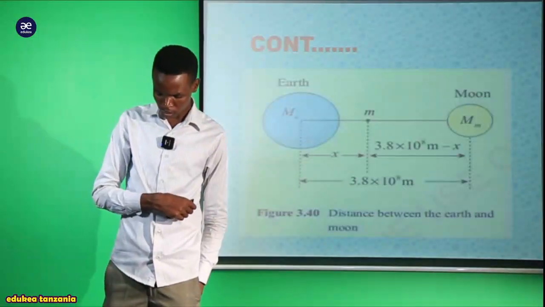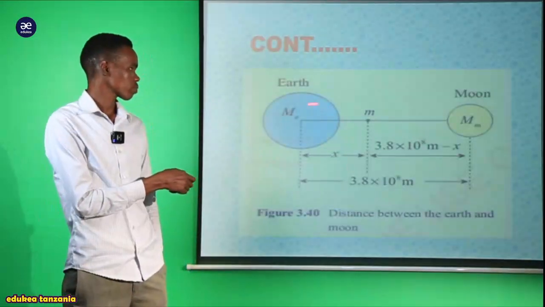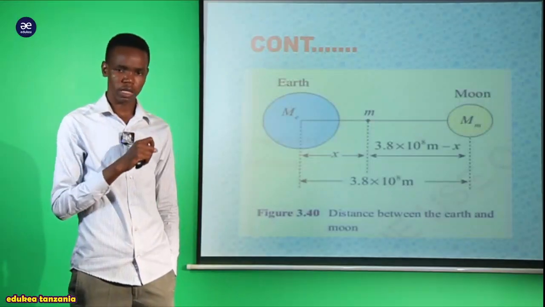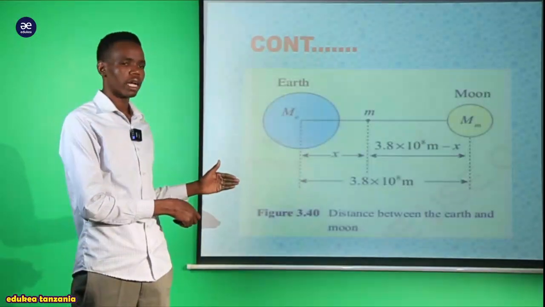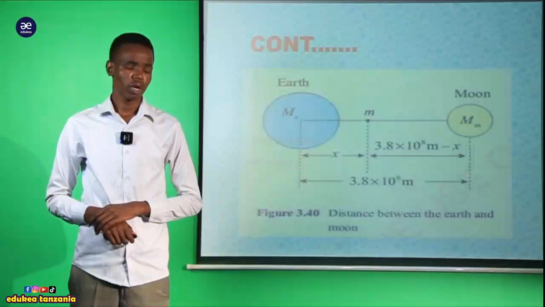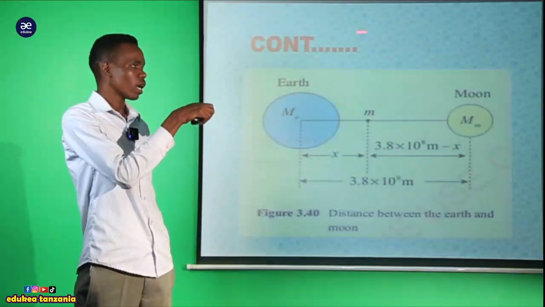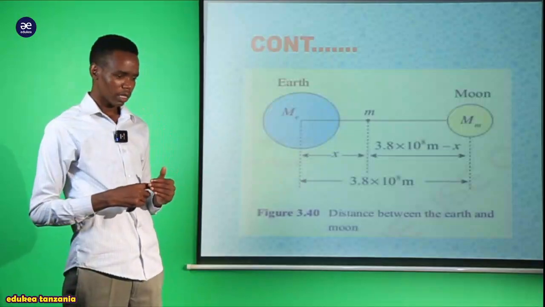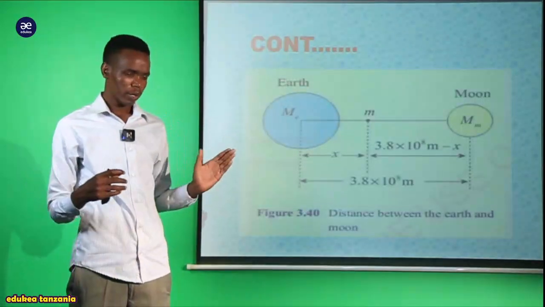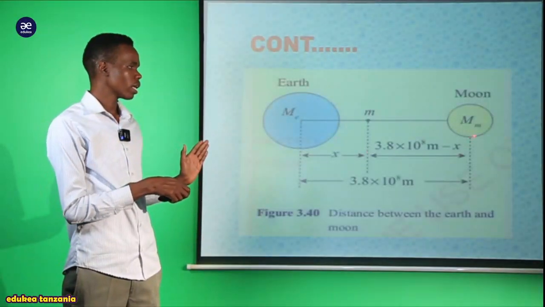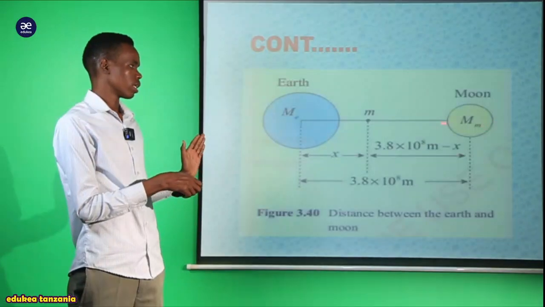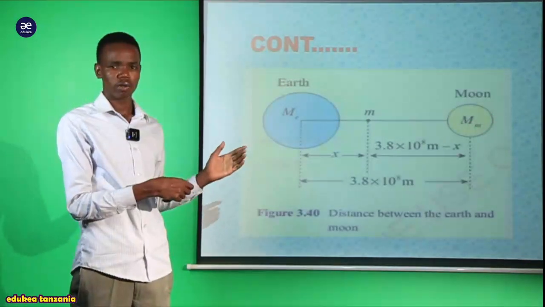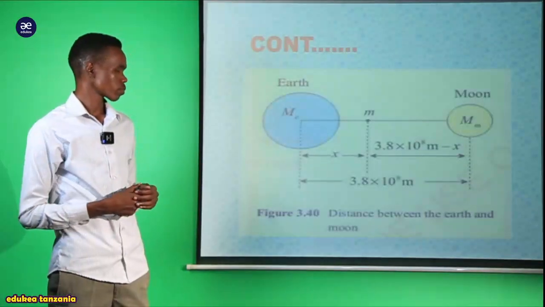Consider the figure. Let us consider our figure here. On our figure, my dear student, we have two objects: the earth and the moon. The moon tries to move around the earth, to rotate around the earth. But at a certain point, we see that the moon is exactly on a straight line with the earth horizontally, as we can see here.